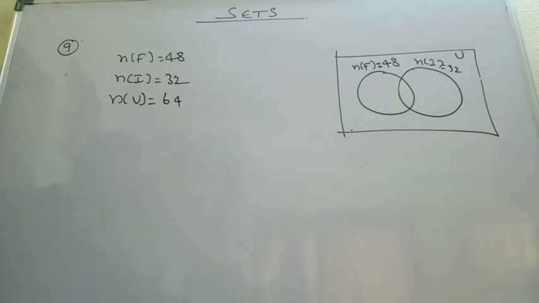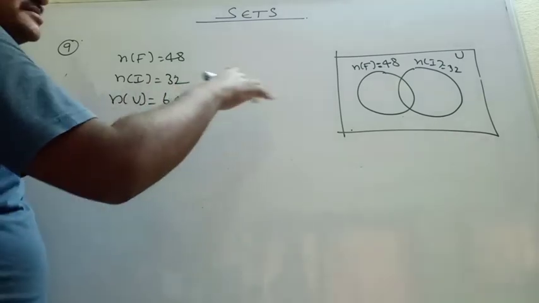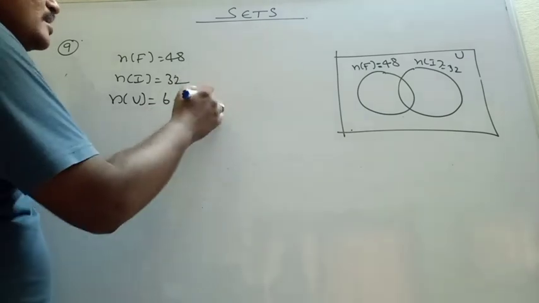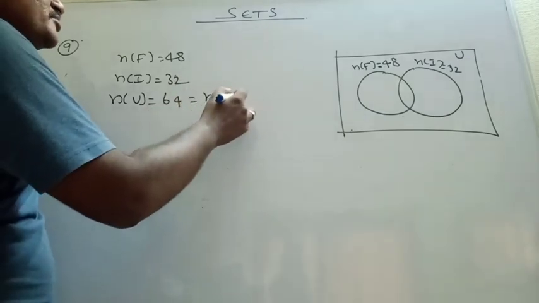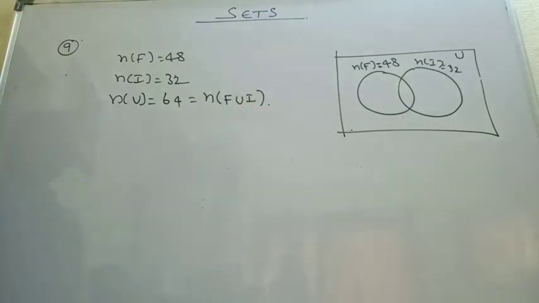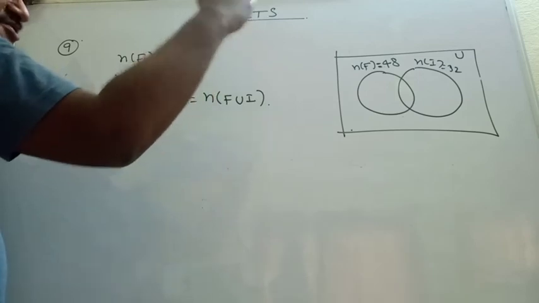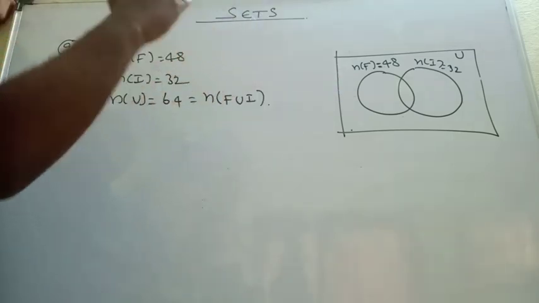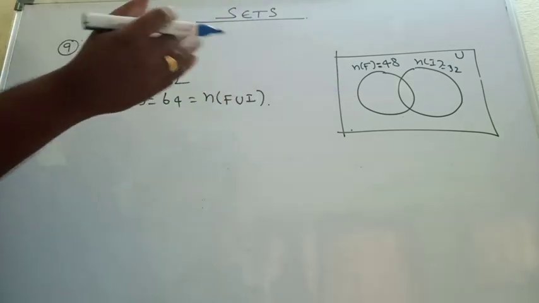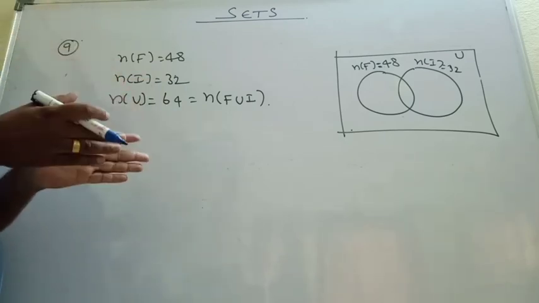In this problem, they have given 64, which means they read either Femina or India Today. That means this is also equal to F union I. Out of 64 ladies, they either read Femina or India Today. They did not give the information that some lady will not read anything.